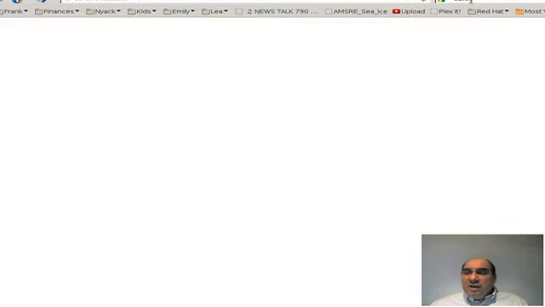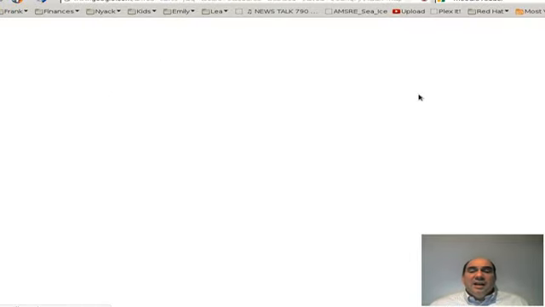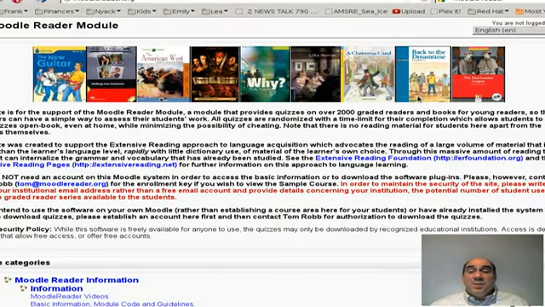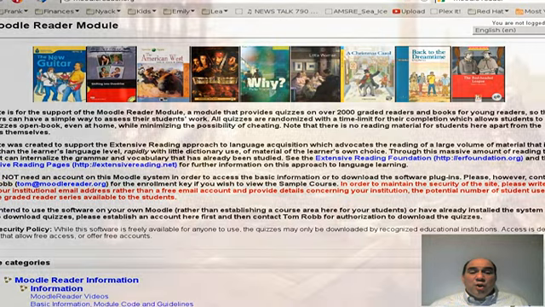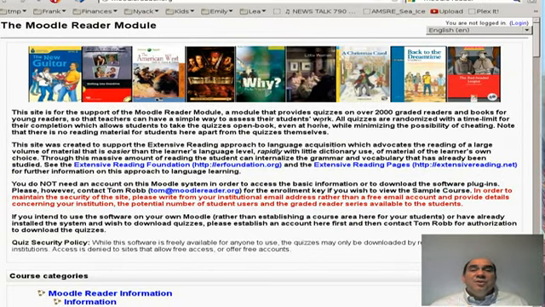The Moodle Reader is a tool that allows you to have your students read textbooks, any different kind of textbook that there are, and then they can use those textbooks inside Moodle, and they can have questions answered for them. You see, the guy who developed the Moodle Reader was very into extensive reading. He still is. Excellent guy. Excellent product. I would use it if I were teaching ESL right now. It's a great little tool.